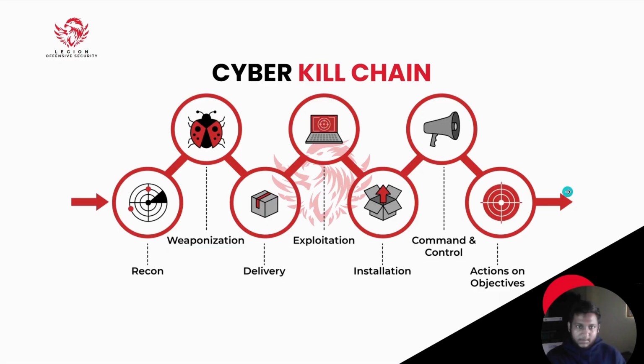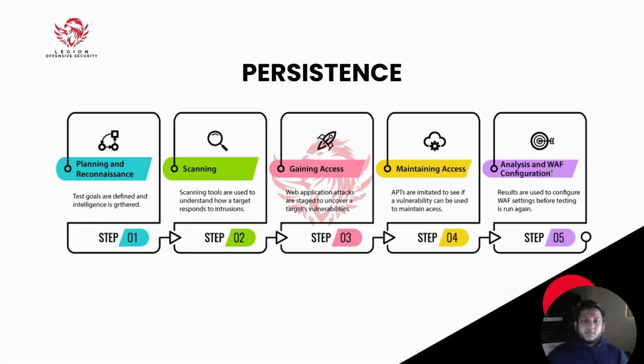So with that covered, I'll try to focus more on the persistence topic in the five stages of penetration testing. As I mentioned before, in the cyber kill chain we have seven stages. In this, we have five phases, which is the same, but they focus mostly on the maintaining access part of things.